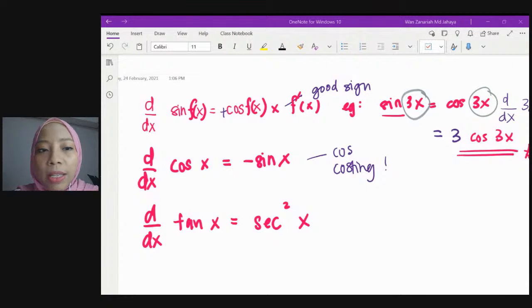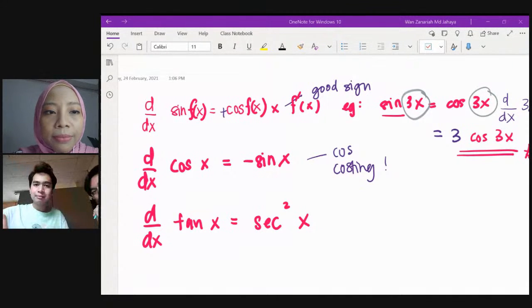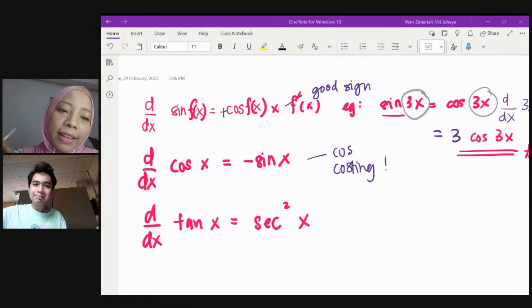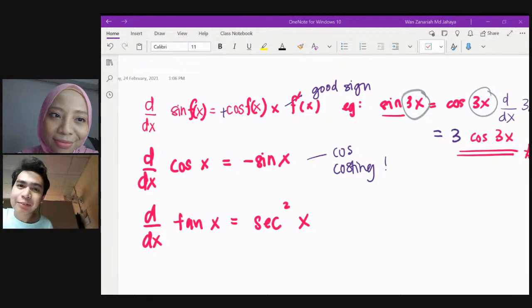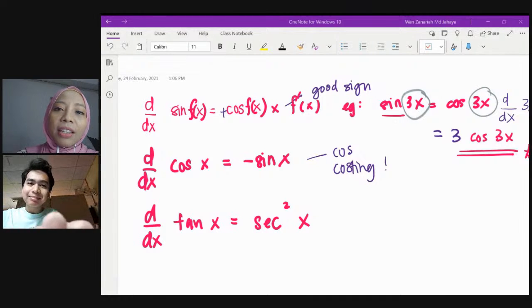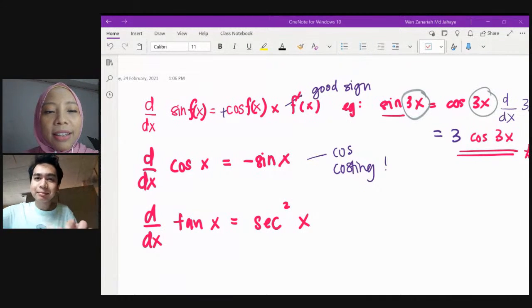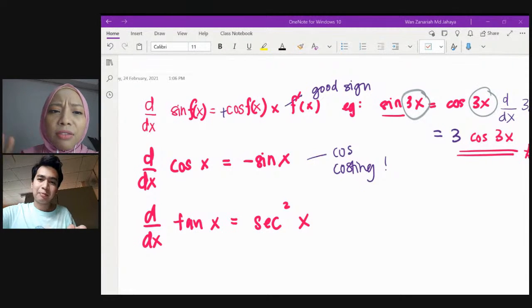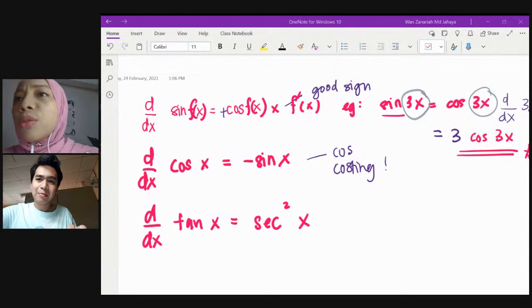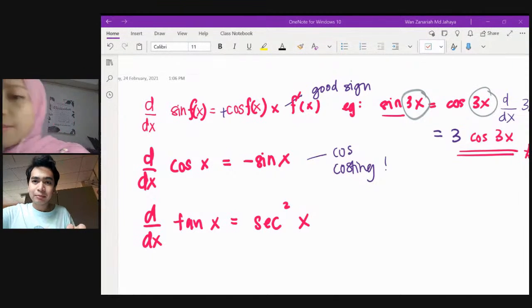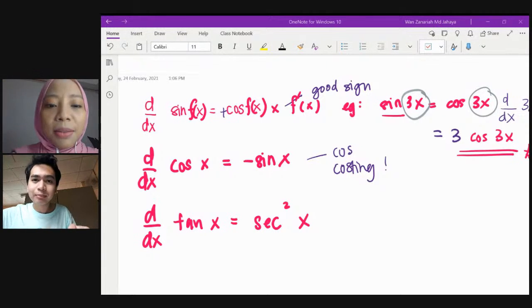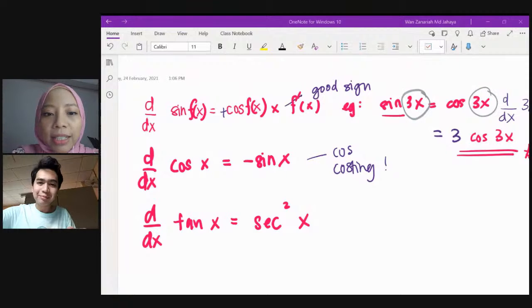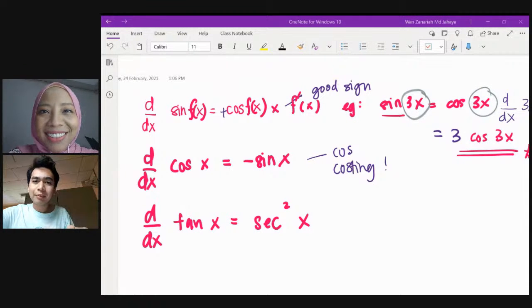Is there any comment? Okay, Luqman, hi, we have Luqman again. Assalamualaikum. Waalaikumsalam, Madam. So how do you yourself remember how to differentiate sine? You remember cos x, and then differentiate cos is negative. Just remember it, Madam. I just remember it, no tips. Alright, if there are tips, later on you can share.